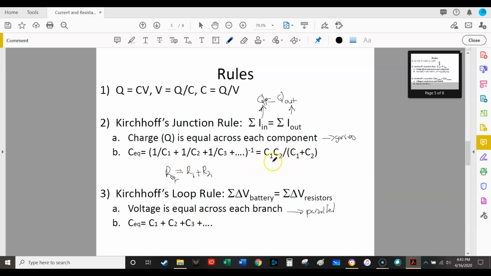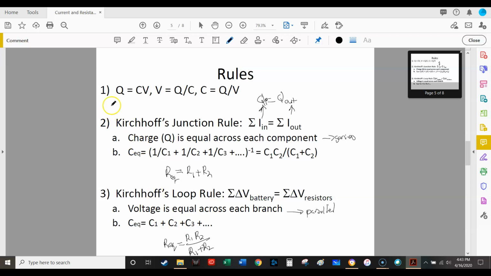This is actually the complete opposite. When you had two resistors in parallel with each other, you would have the product over the sum. Well, in this case with capacitors in parallel, you're just adding those two capacitors together. So the rules are really kind of opposite when we're talking about capacitors, okay?